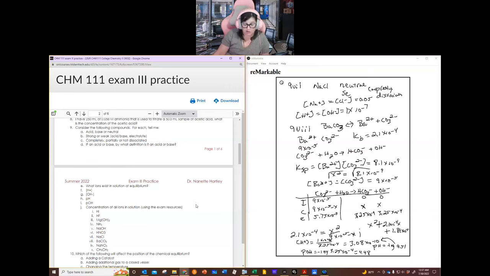It can also donate a lone pair from one of the oxygens. So it can pick up an H+, which makes it a Bronsted-Lowry base, and it also is a Lewis base. So that should be everything, and it's only partially dissolved.